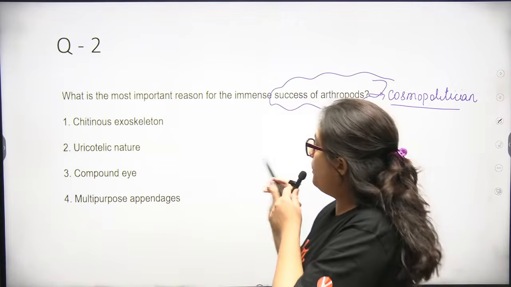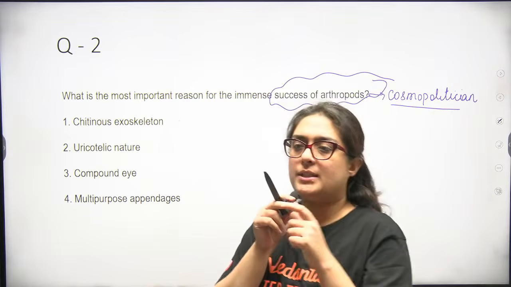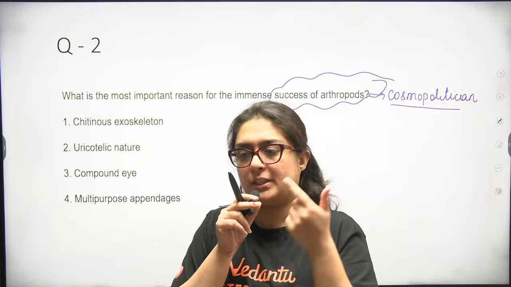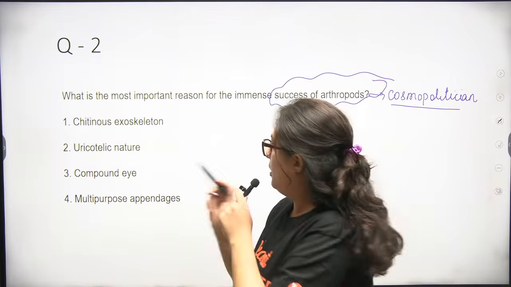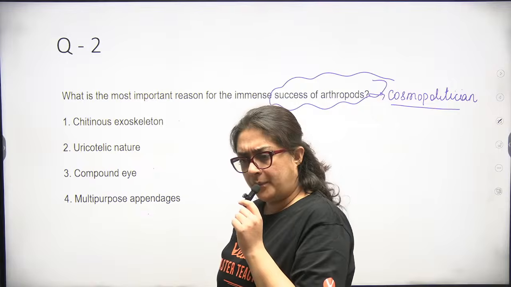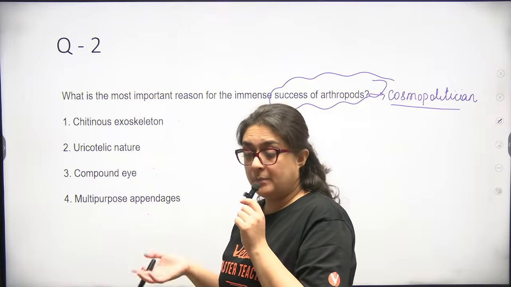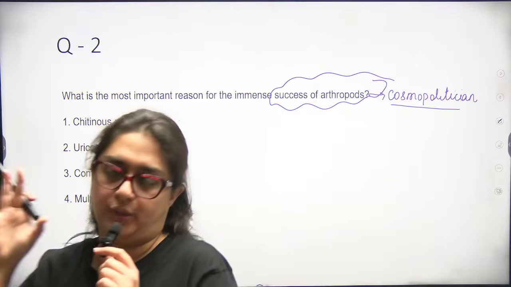It is due to the presence of chitinous exoskeleton. Uricotelic nature means excretion of nitrogen containing waste product through uric acid. Compound eye or multi-purpose appendages. Here you have to select the most appropriate option.